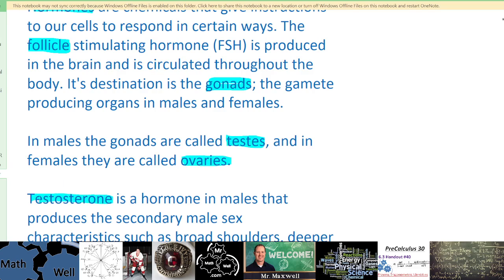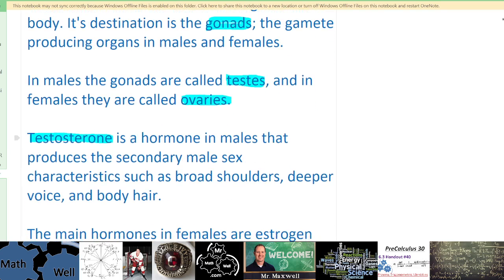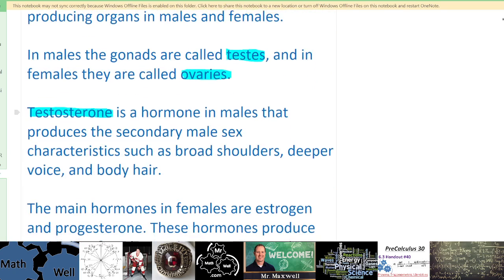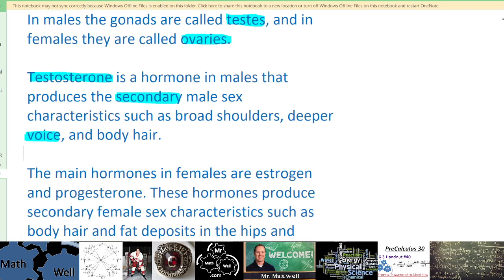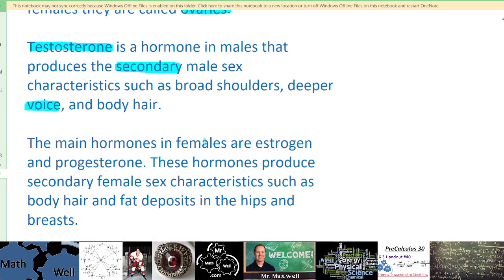Testosterone is the hormone in males that produces the secondary male sex characteristics. I think secondary is your blank here, such as broad shoulders, deeper voice, and body hair. The main hormones in females, there are two of them, are estrogen and progesterone.